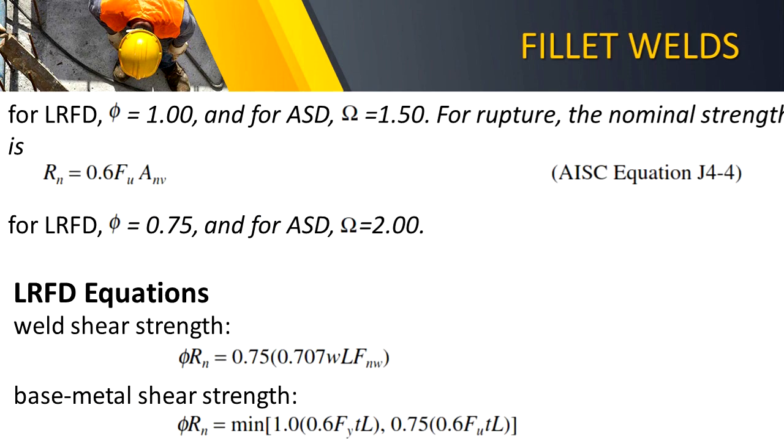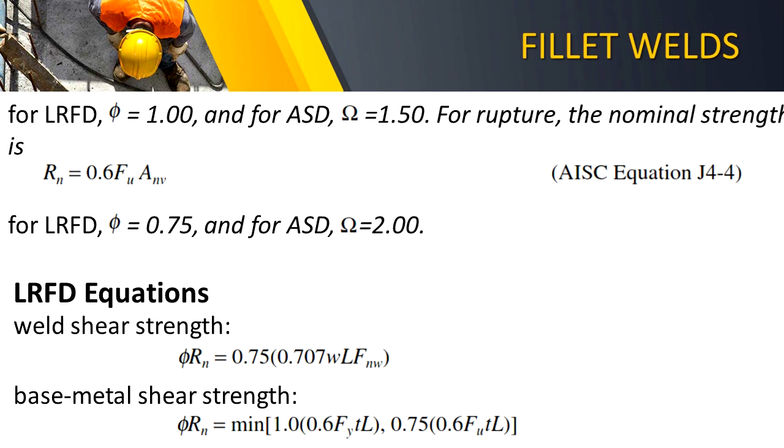For LRFD, phi equals 1, and for ASD, omega equals 1.50. For rupture, the nominal strength is Rn equals 0.6 Fu ANV, given by AISC equation J4-4. For LRFD, phi equals 0.75, and for ASD, omega equals 2.